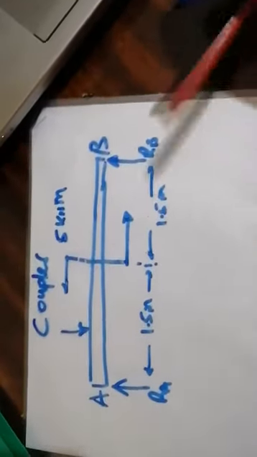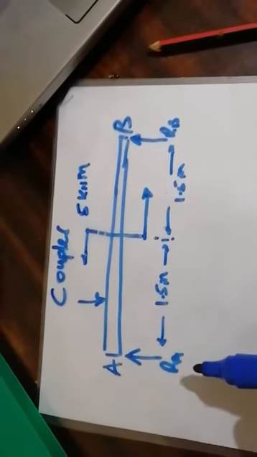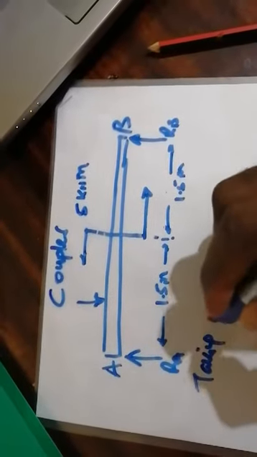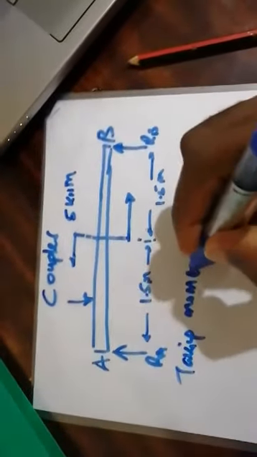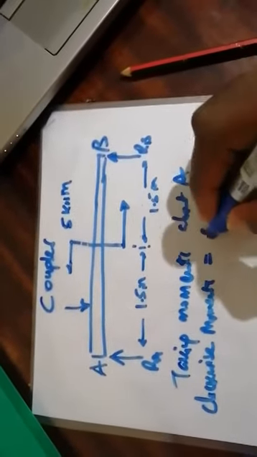So when we are dealing with a couple, say for example in this case we are asked to find the reaction RA. So we can choose to take either side. Then you can say, taking moments about A, according to the principle of moments, the sum of clockwise moments should be equal to the sum of anti-clockwise moments.